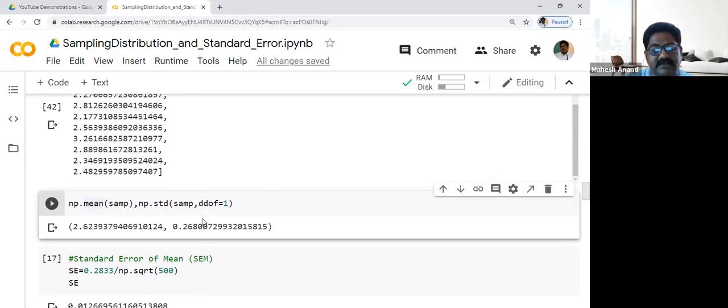So this is the standard deviation of the samples, right? 0.268. But this standard deviation is not directly representing the standard error of the mean of the population parameter. So what is the approximation we do? Whatever standard deviation we obtain has to be divided by the root of the total number of samples taken.